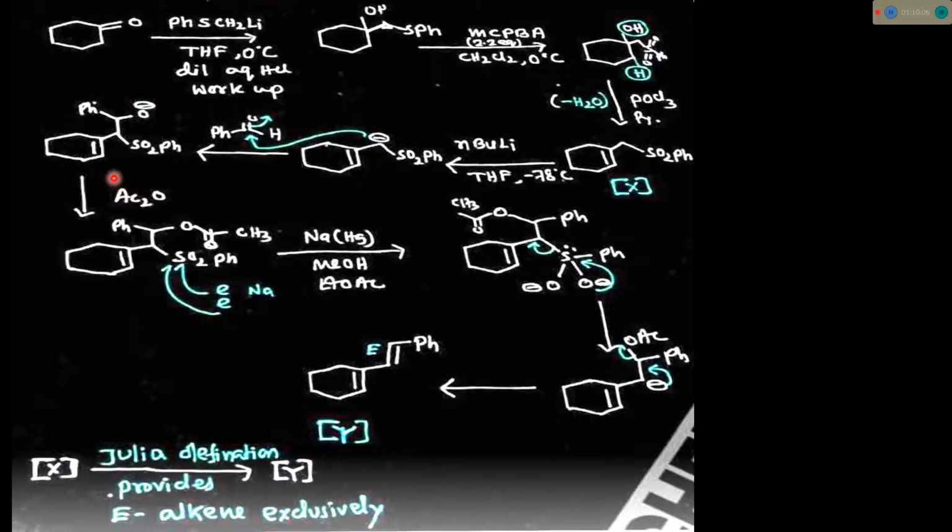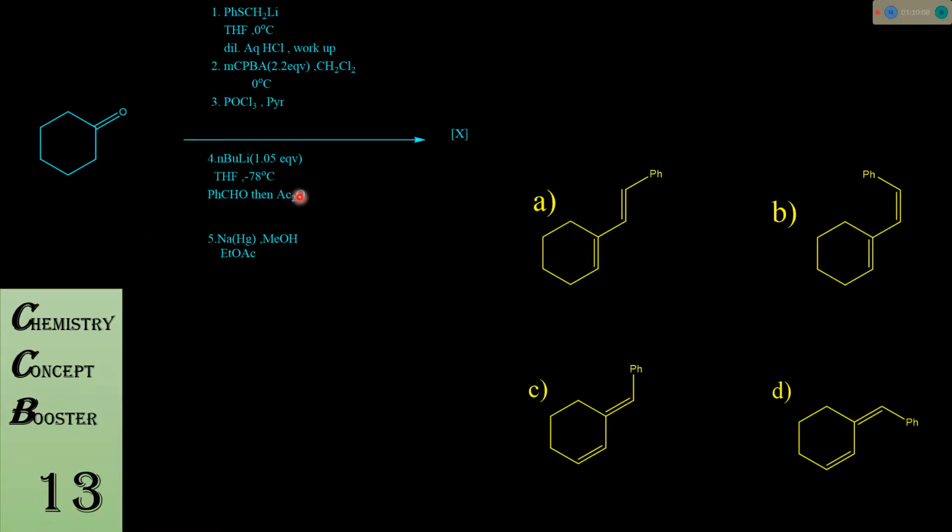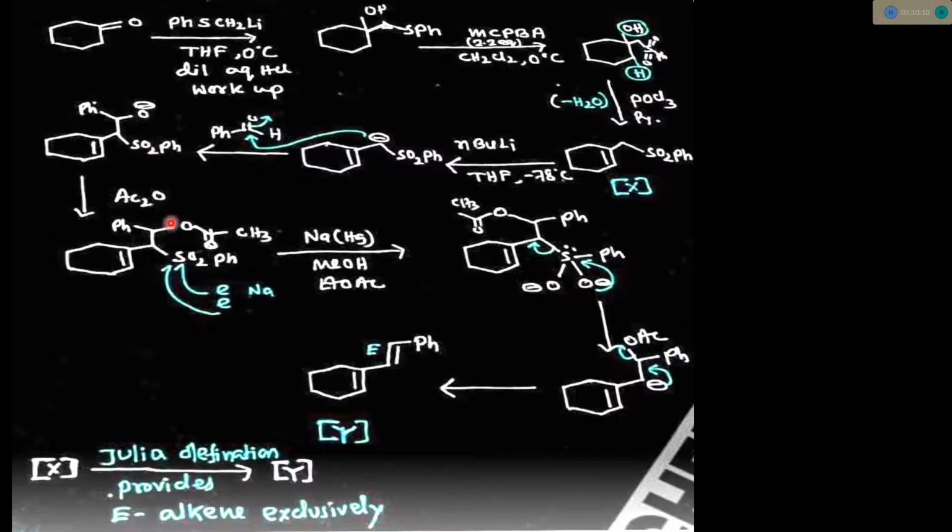So if we treat this moiety with acetic anhydride, then this O minus will attack this, so OCOCH3 will form. Now if we treat this compound with sodium amalgam, then sodium gives 2 electrons to sulfur, and this compound will form, and then the O minus pushes the electron, and in this way a negative charge is formed here, and this negative charge pushes out the OAc minus.